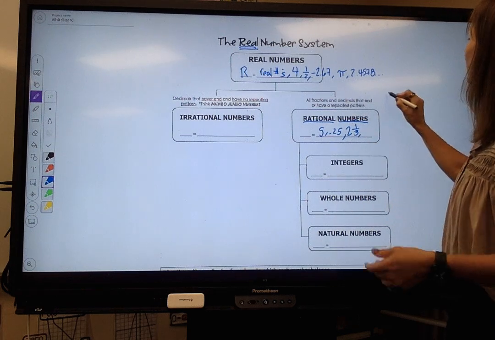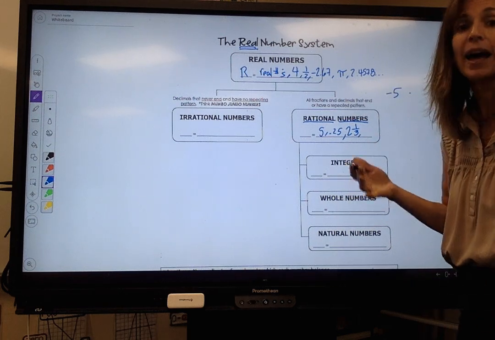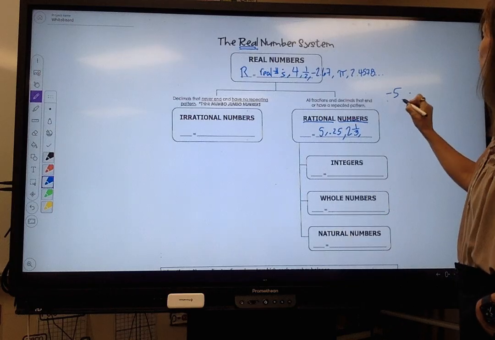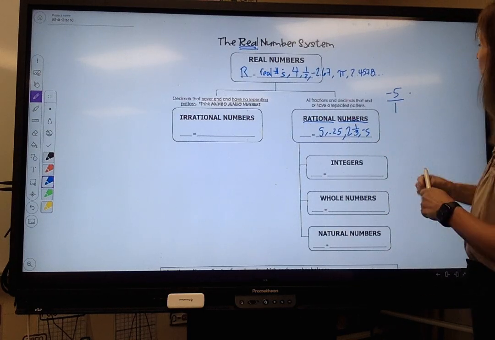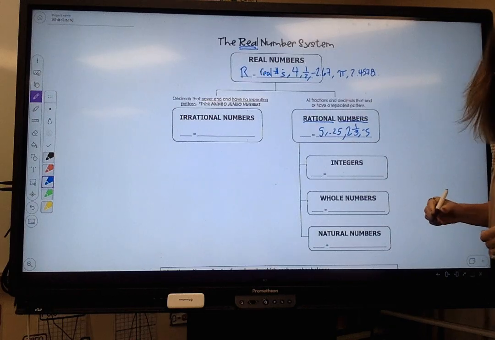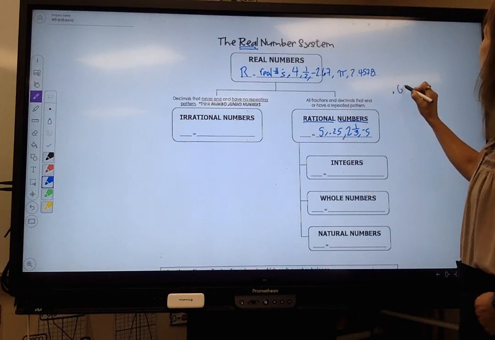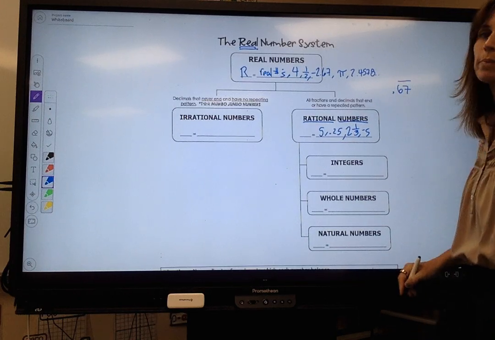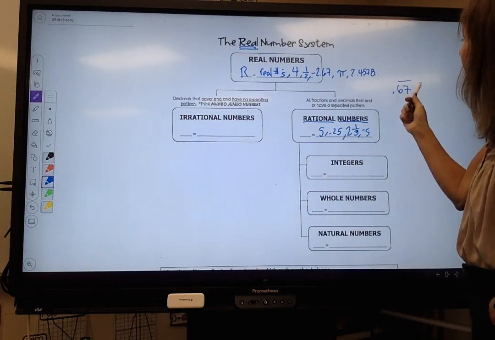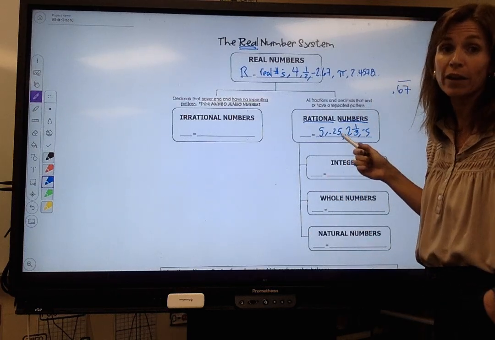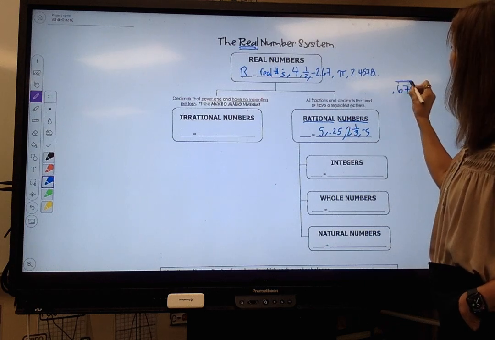It can include negatives. Negative 5. I can make negative 5 fit the form A over B by just putting a 1 under it. So negative 5 is a rational number. What about a number like 0.67 repeating? If you remember from pre-algebra, you can force this to fit the form A over B because there's a clear pattern.